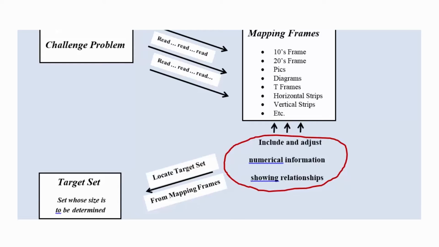But the second sentence said that the second stack had twice as many books as the first stack. That will require that you modify your original picture and change it so it reflects the new information as you're reading it. So again, a mapping frame is any picture that represents the information that's in printed form, and it will become adjusted or modified as you continue to read more information.